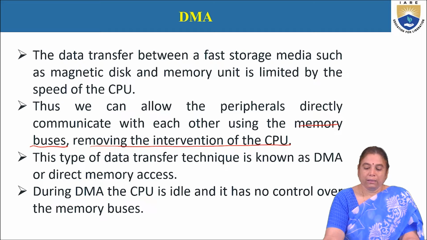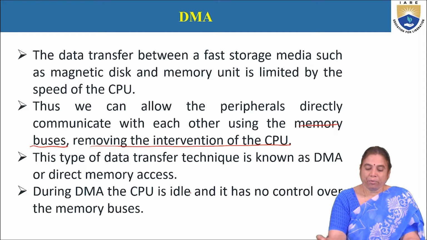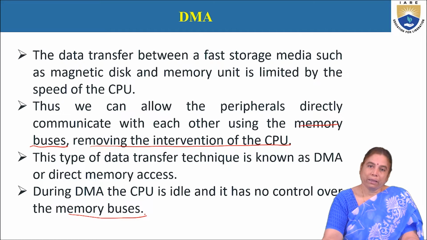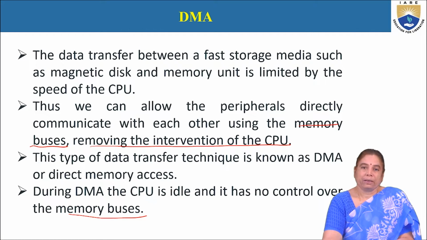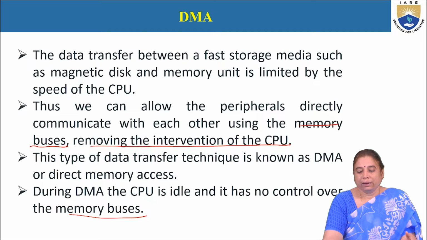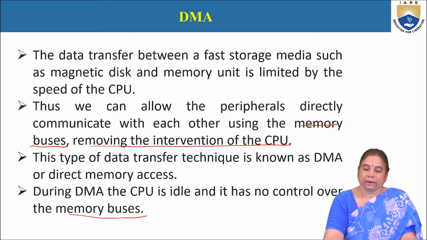During DMA, the CPU is idle and it has no control over the memory buses. The peripheral devices can directly communicate with the internal storage without interacting with the CPU. So this method of data transfer is known as direct memory access.